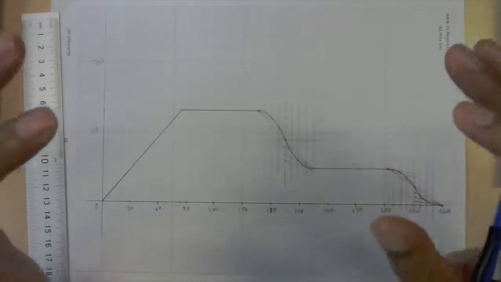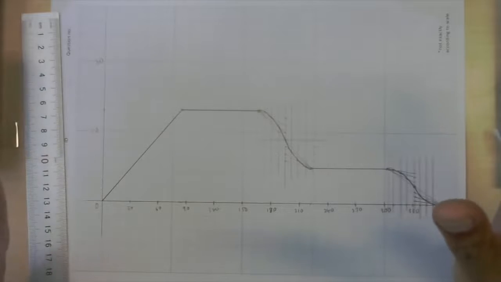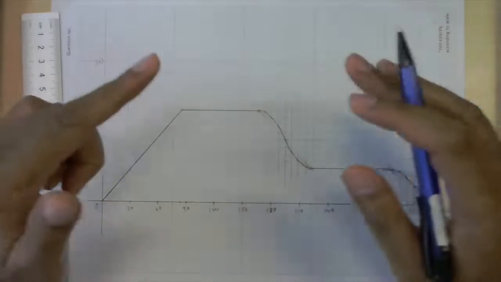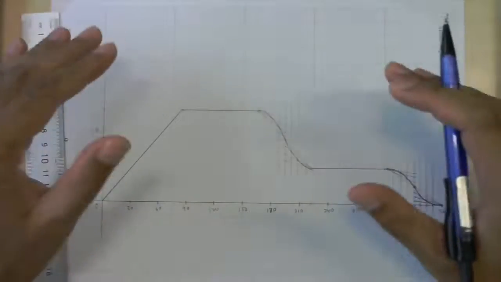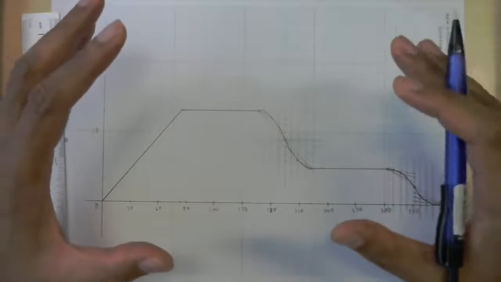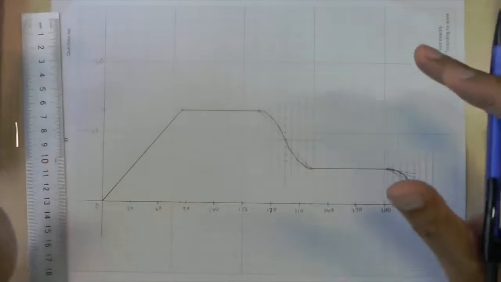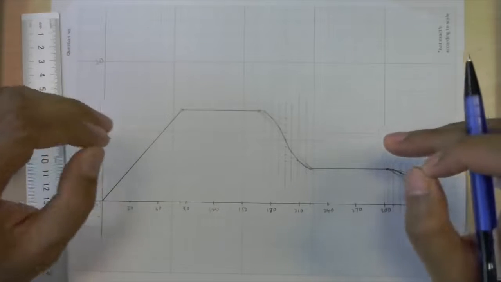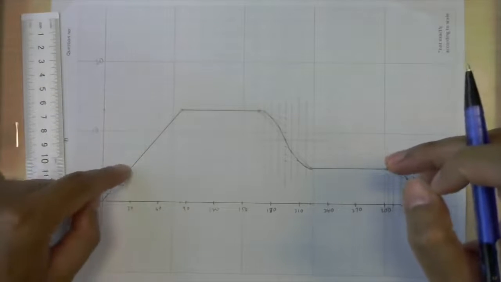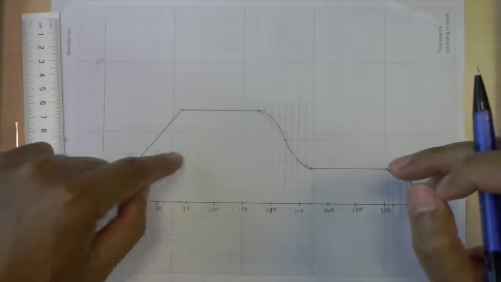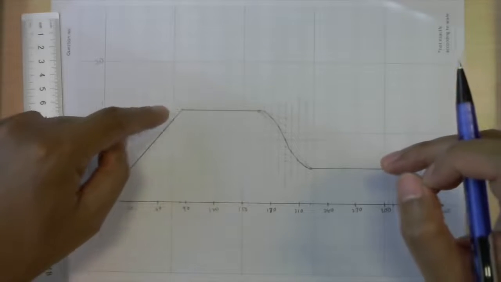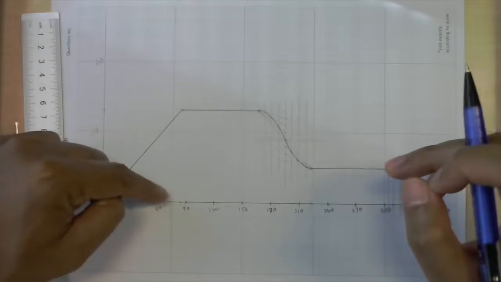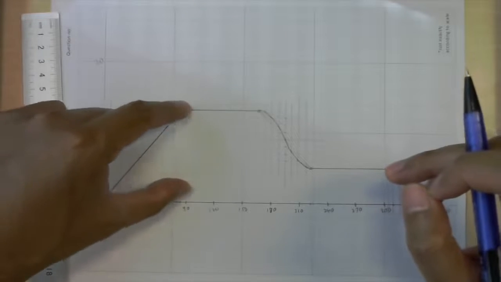So next we're going to plot the cam profile on the radial plot, on the polar plot, polar graph paper. Before that, we need to identify, at every 30 degrees, what will be the displacement.